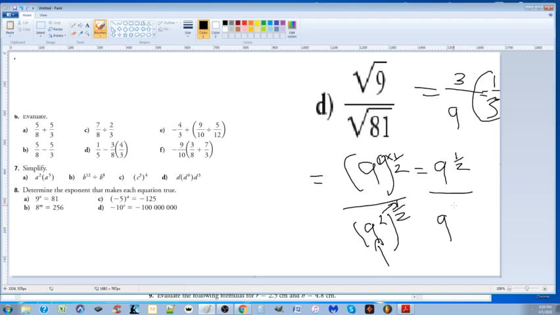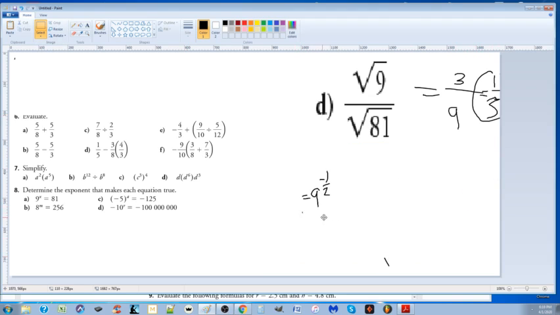Okay. Now I have 9 to the half divided by 9 to the 1, and my rule says I can simply subtract their exponents. So half minus 1 is equal to -1/2. So I've got 9 to the -1/2. And I said before that a negative, I know it's long and weird, but I'm showing you that the whole root can work.